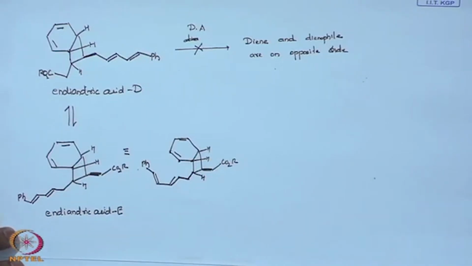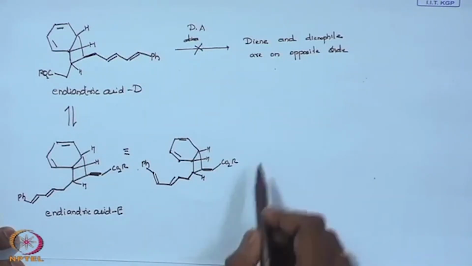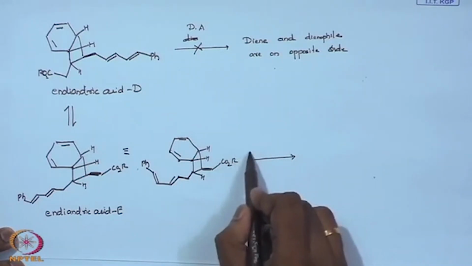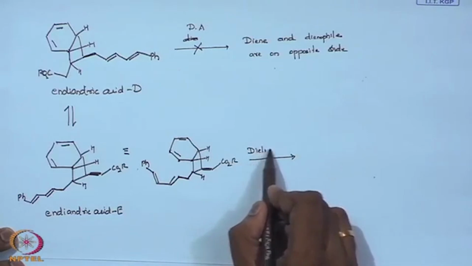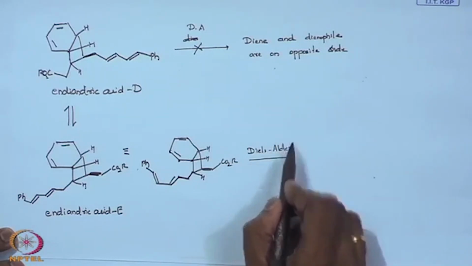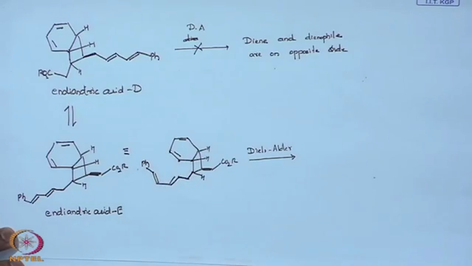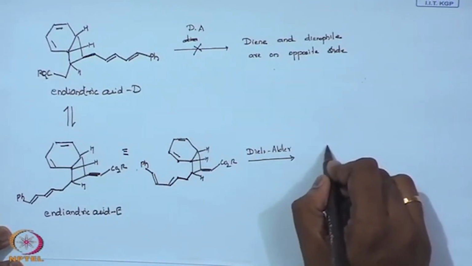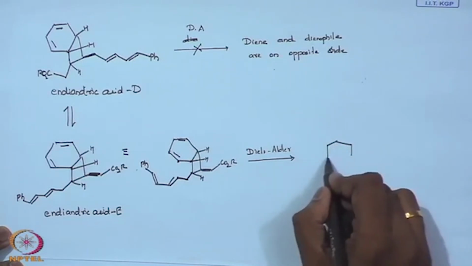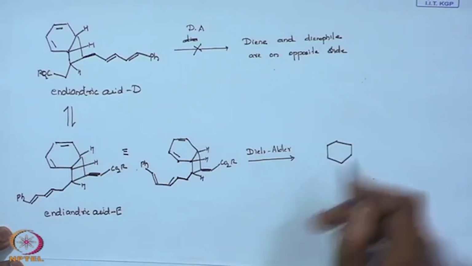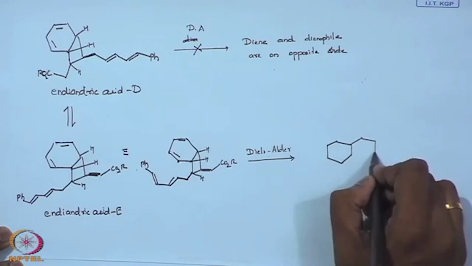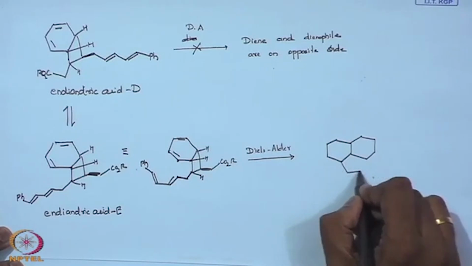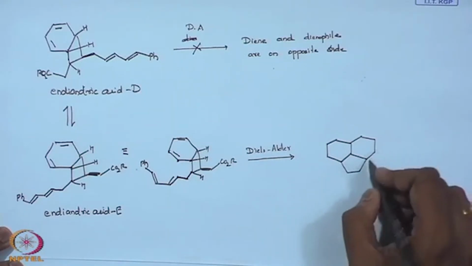But here it can undergo a nice Diels-Alder reaction. So you can write a good Diels-Alder for this. So, you have to just connect this Diels-Alder reaction. Just write the structure. So, it should be fine.